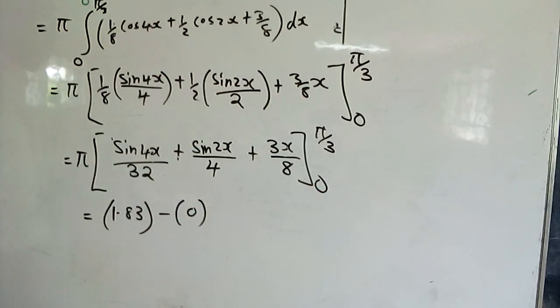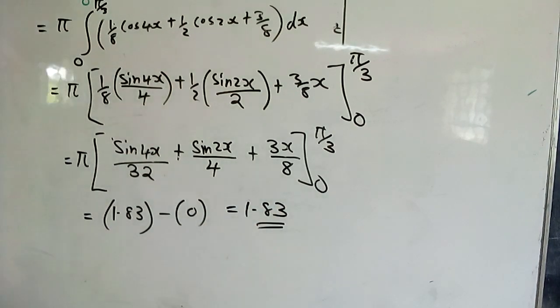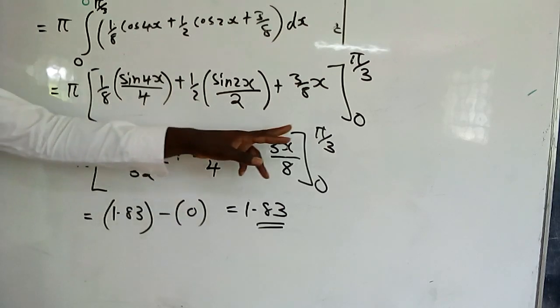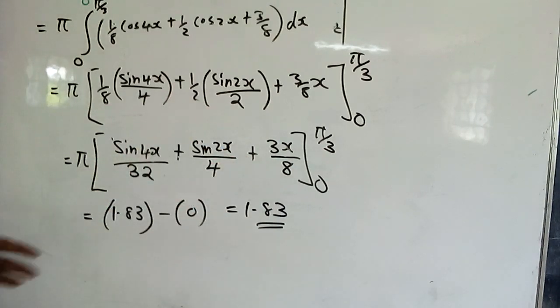So it just remains as 1.83. Somebody can also leave the answer in terms of pi, but here there is no pi, so adding them, we will not combine them into one thing. So just take pi as 3.14 to approximate. Are we together? So that is the solution of that given problem.